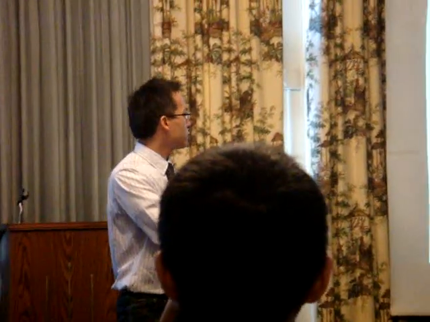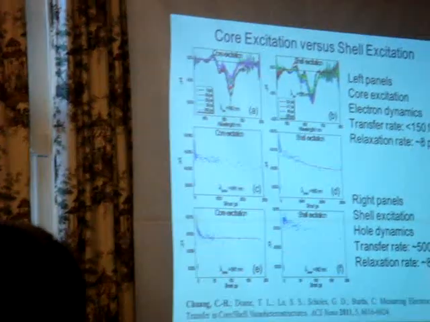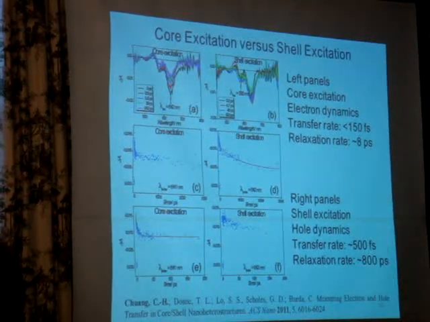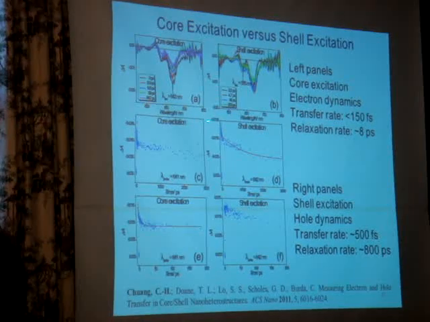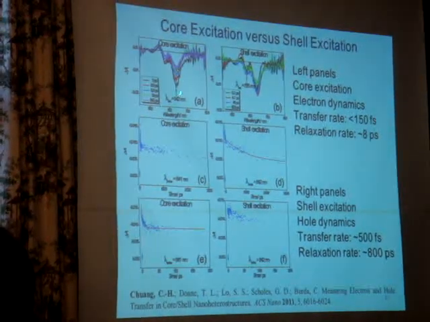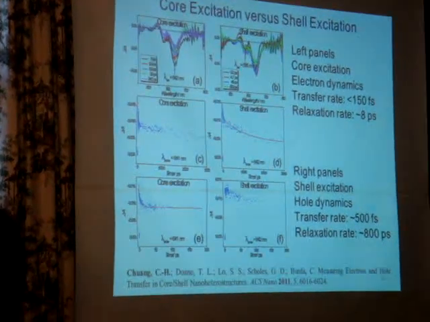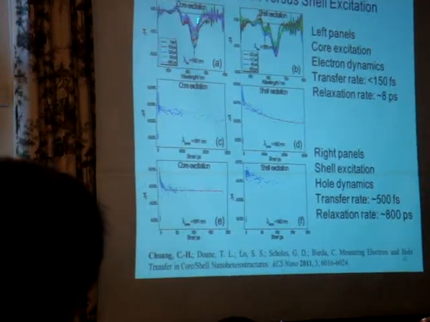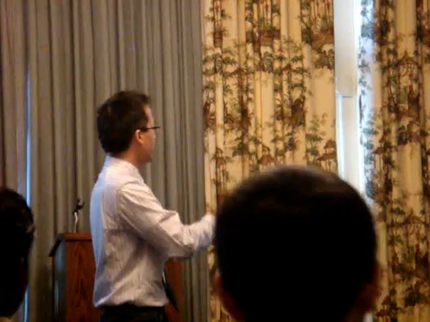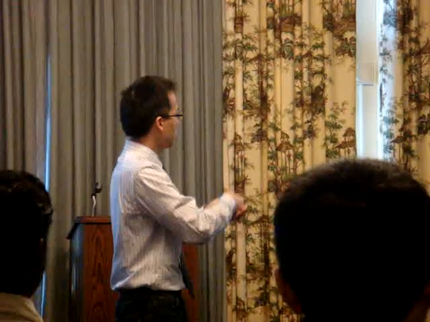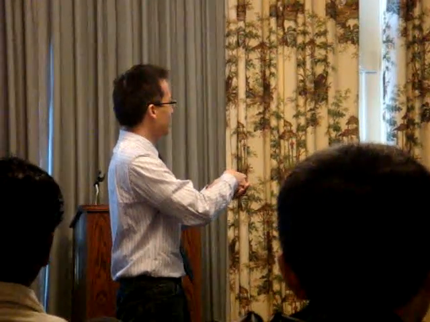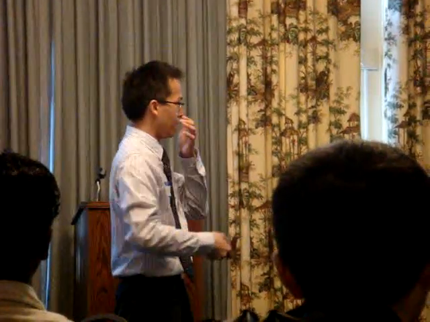For the transient absorption spectroscopy, I also use different wavelengths to excite, either exciting the core here or exciting the shell here. The left panel shows the core excitation spectra and dynamics, and the right panel shows the shell excitation spectra and dynamics.